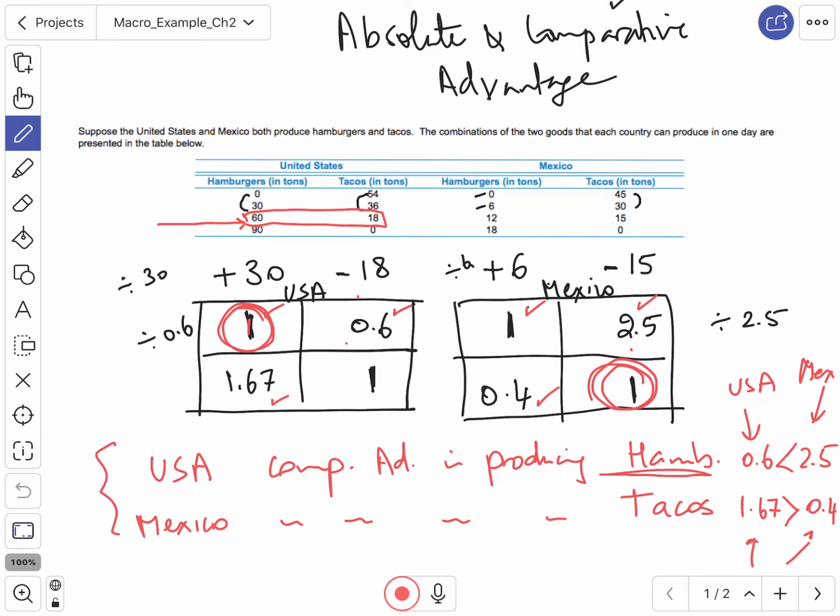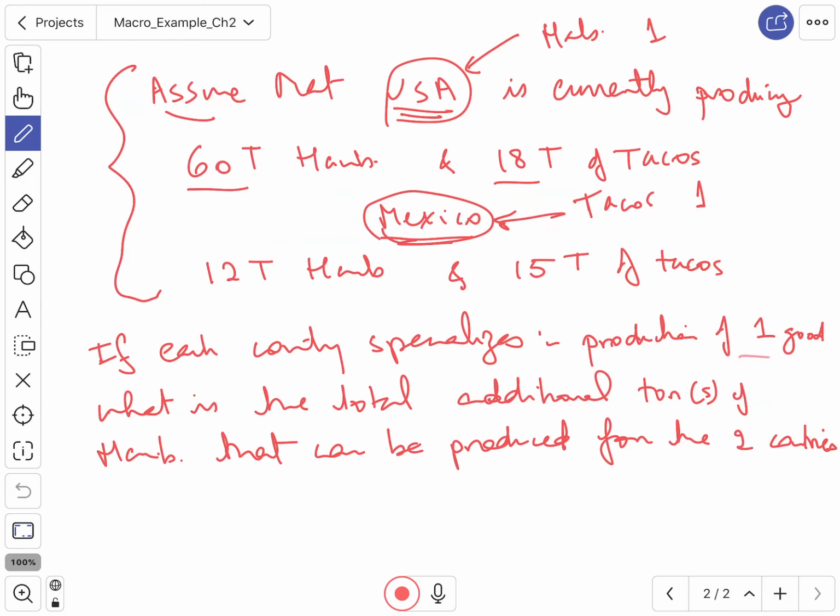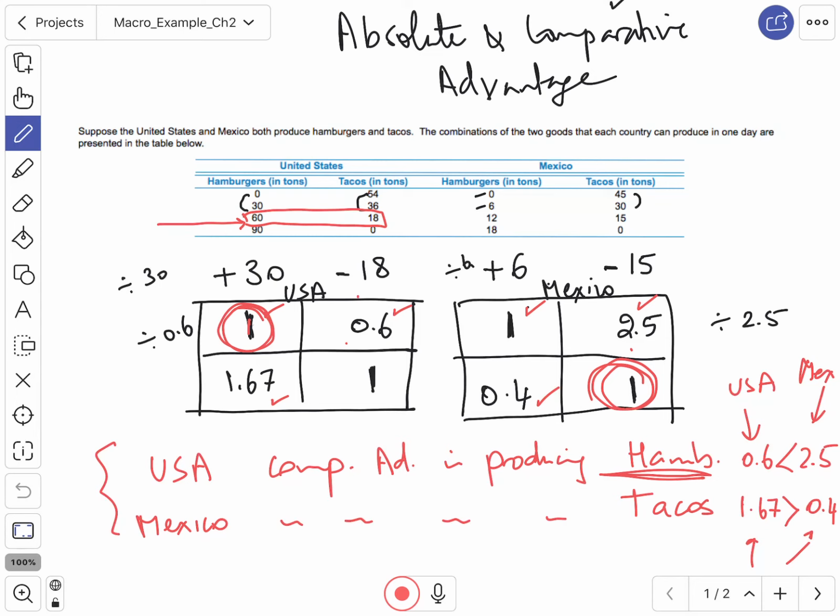So it's going to specialize in the production of hamburger, and it's just one good. So the question is asking that each country is going to specialize in the production of one good. So we can use this very last row and say, okay, I'm going to be producing 0 tacos, and this implies 90 hamburgers.